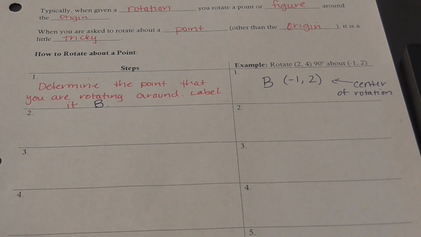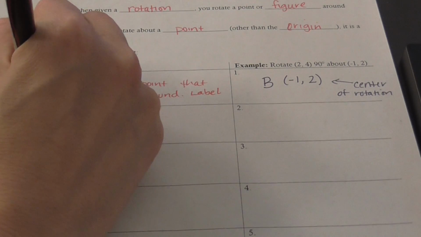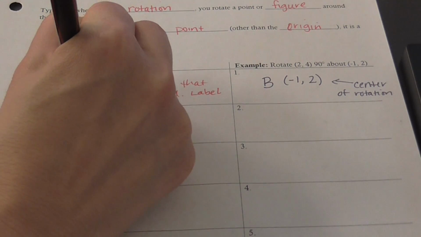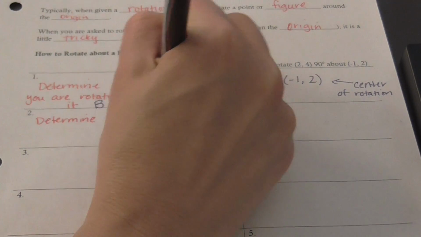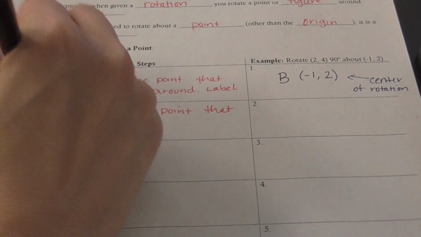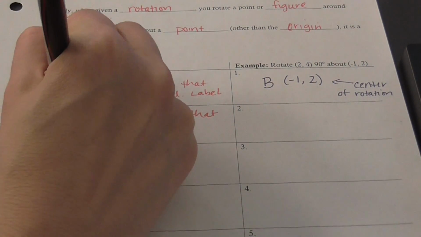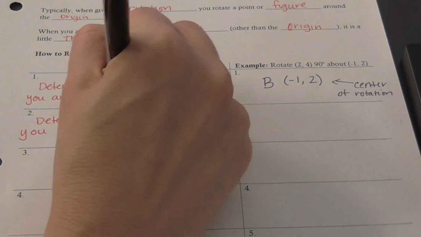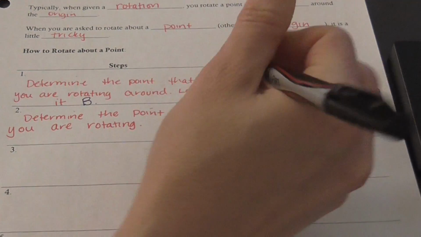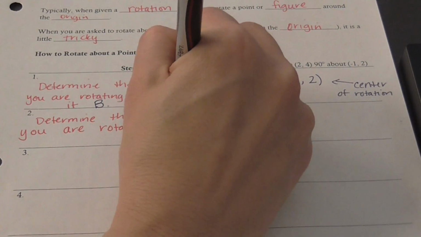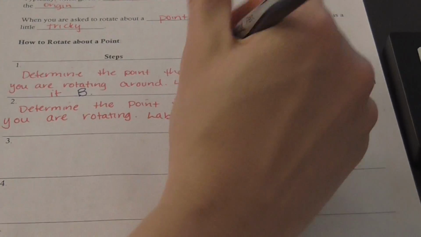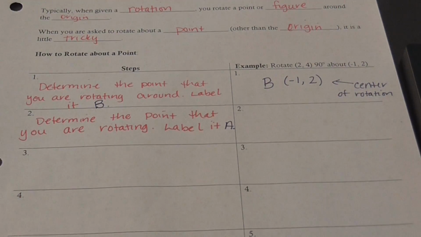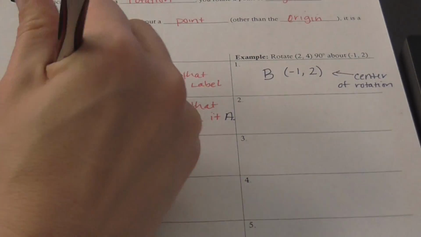The next thing we're going to do is determine the point that we are rotating. We're going to label it A. This is the one that moves.